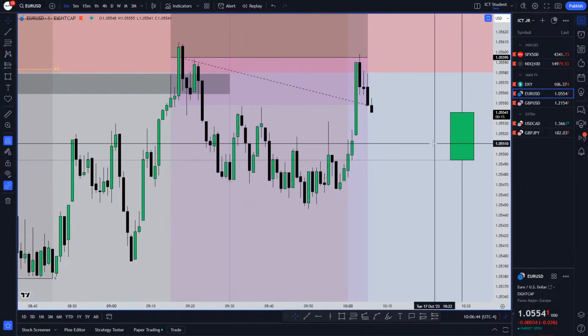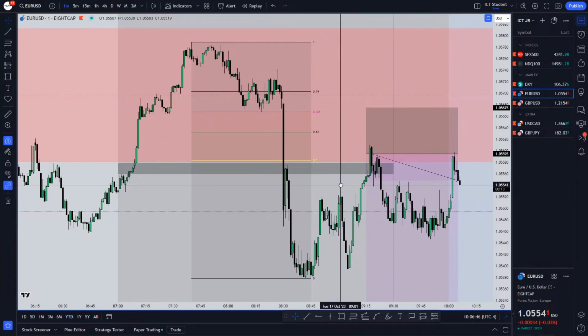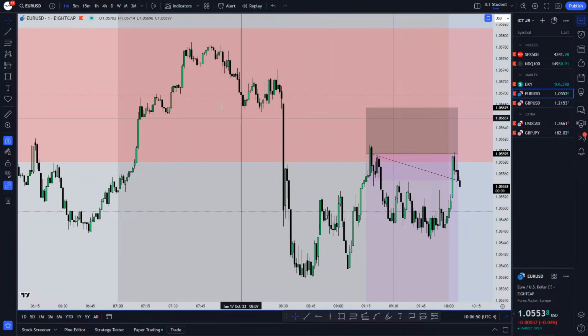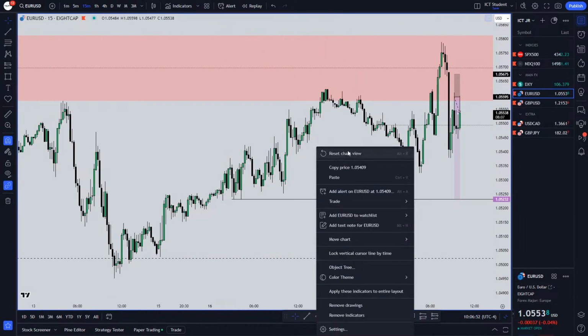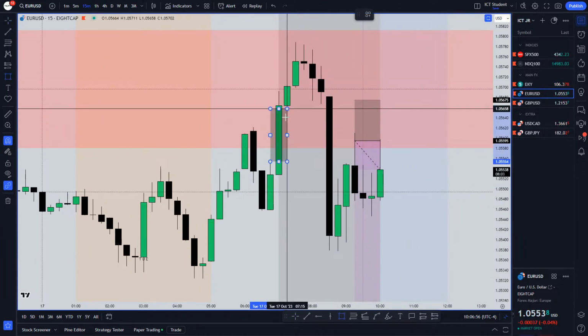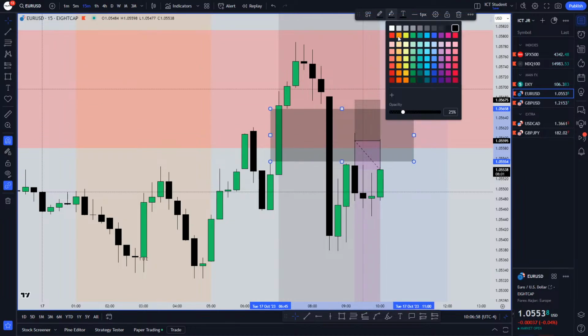This is the 1 minute. I really can't even tell you on the 1 minute why the trade idea was valid. I don't even use the 1 minute confluences. And then on the 15 minutes, we had a big inverse, so I'm gonna mark that out.